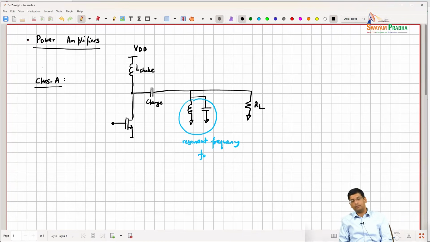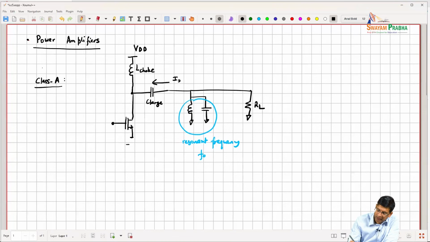So, in order to extract as much power as we can out of this PA, what we would like to do is, of course, get power into the load, and we can define the current that is flowing here as I0, and the current that is flowing through the load as IL.